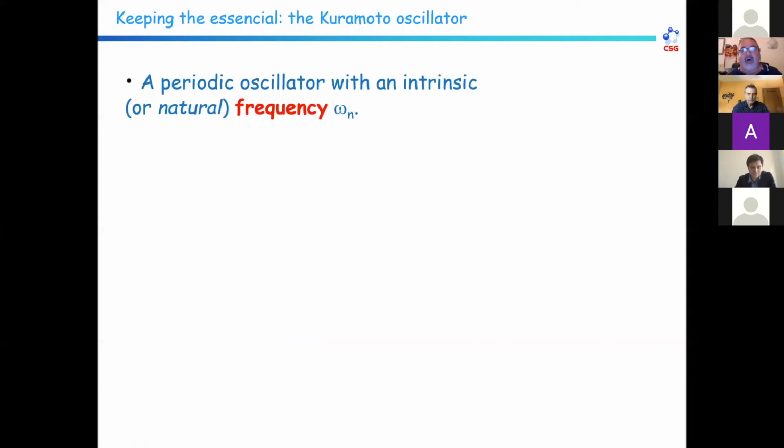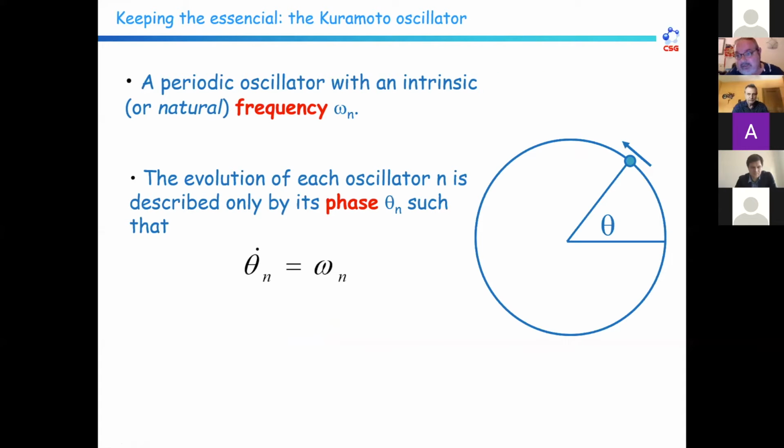Now, in the modern era, we refer to models which are not pendula, but oscillators. And let me spend 2-3 minutes to describe a very paradigmatic model, which is the Kuramoto oscillator. So in a Kuramoto oscillatory system, you have an ensemble of many oscillatory elements.